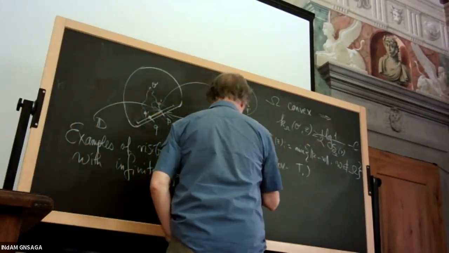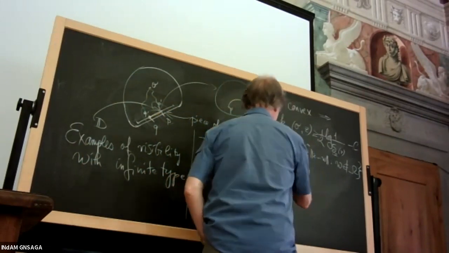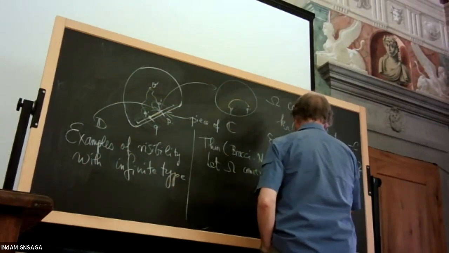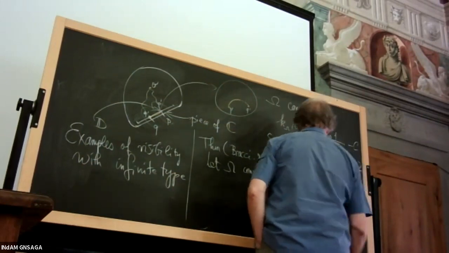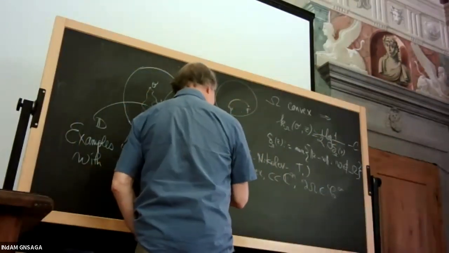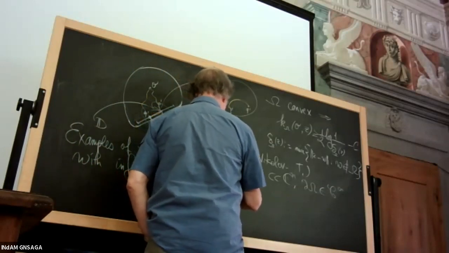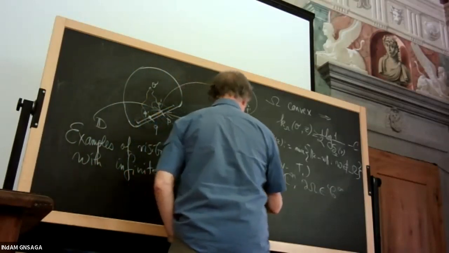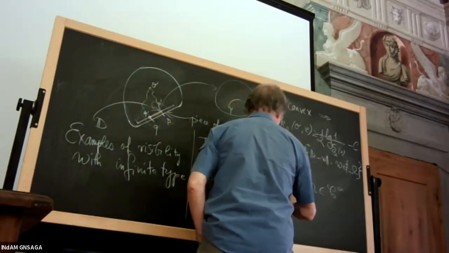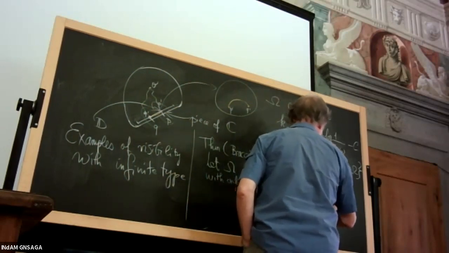So let omega be convex, bounded, and smooth. But let's say smooth, I'm not sure it requires that much. And with only a finite set of points of infinite type.